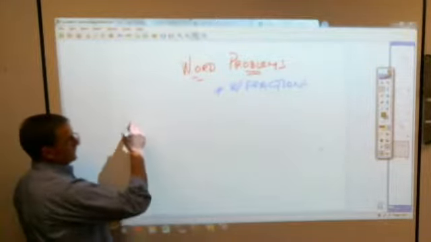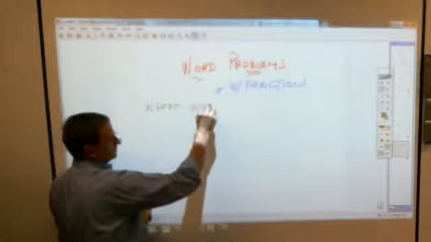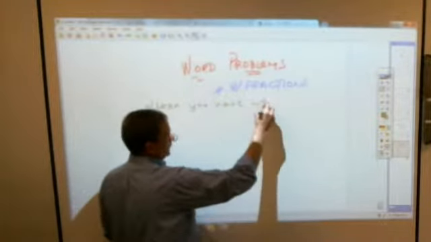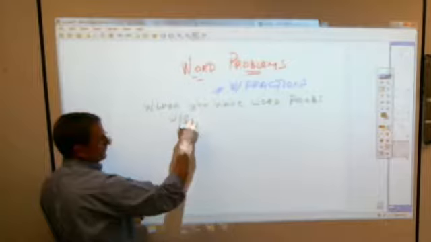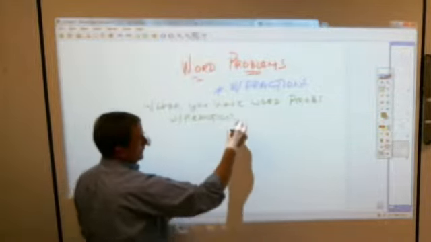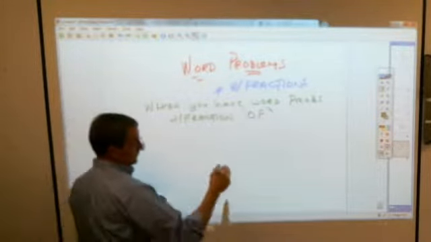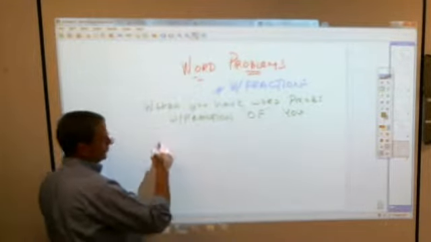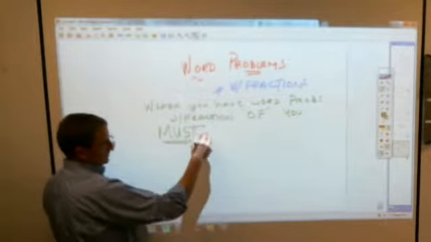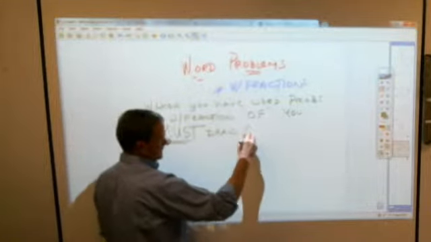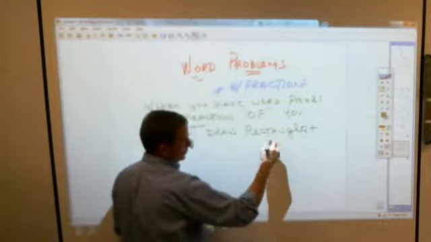Here is what you need to write out here with fractions. When you have word problems with a fraction of, when you hear the word a fraction of, like 2/3 of the children, here we go, this is the important thing, you must draw rectangles and sketch it out.